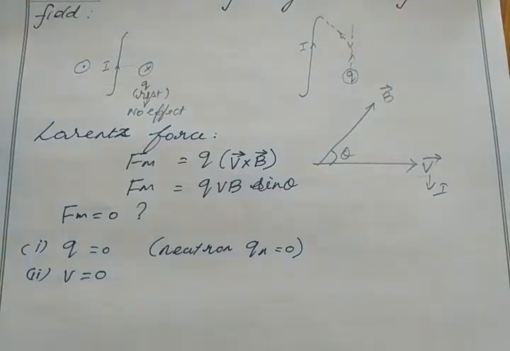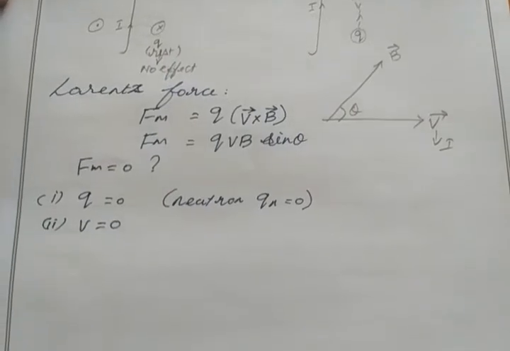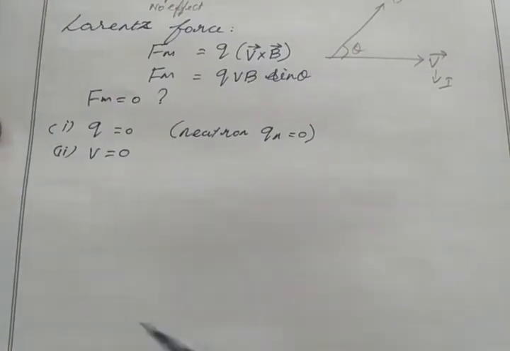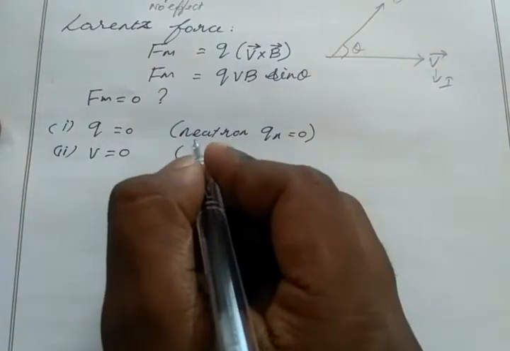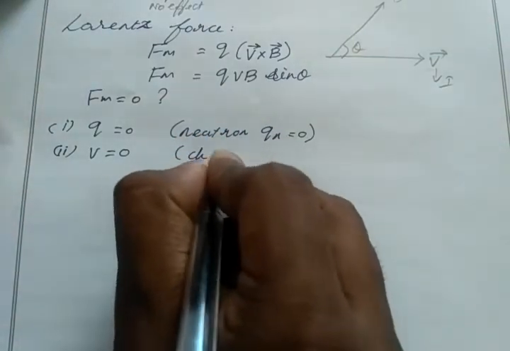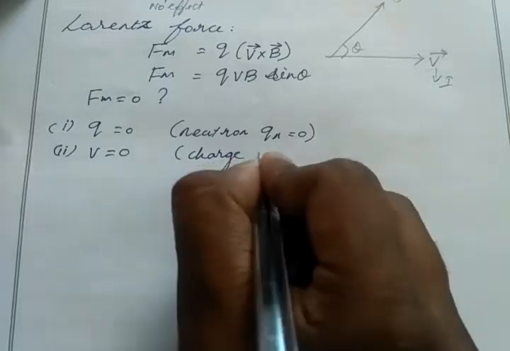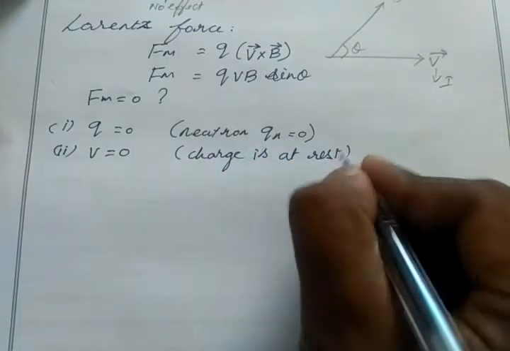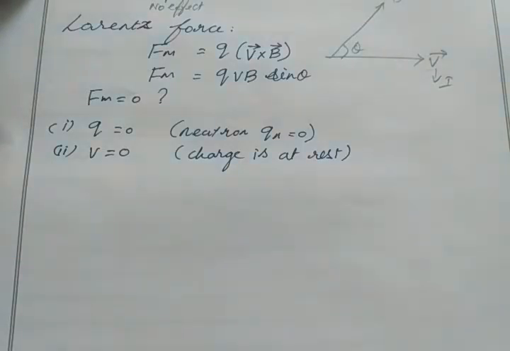So if a charge is at rest position, there will be no magnetic force acting upon it, right? So we can say velocity is 0 when the charge is at rest. Okay, it is clear.